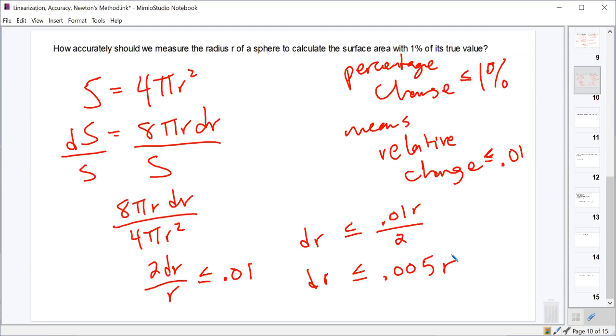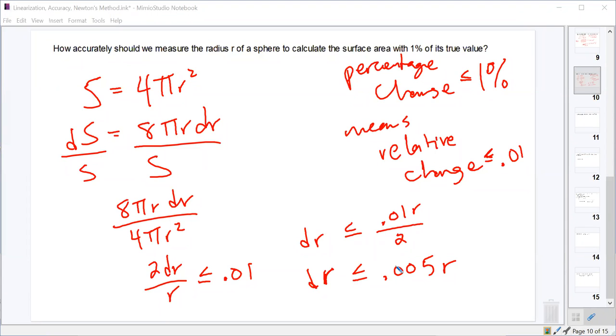So in order for our surface area to be within 1% of its true value, we need to measure the radius so that our error, or dr, the amount that we're off by, is less than or equal to 0.005 of what the r actually is. Does that make sense? Any issues there?